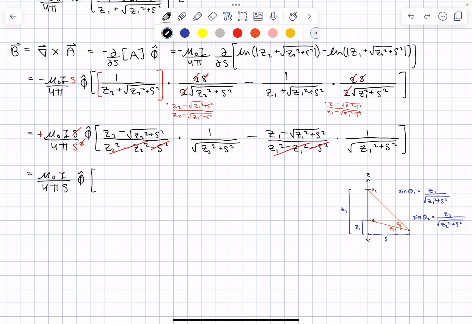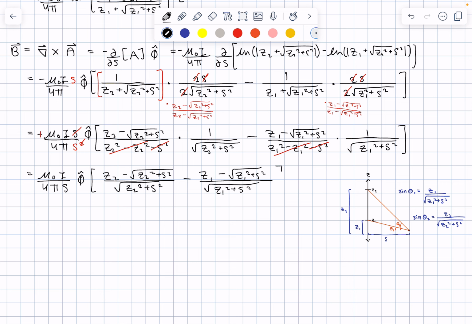So we'll get z2 minus the square root of z2 squared plus s squared over just the square root of z2 squared plus s squared, minus z1 minus the square root of z1 squared plus s squared over the square root of z1 squared plus s squared.